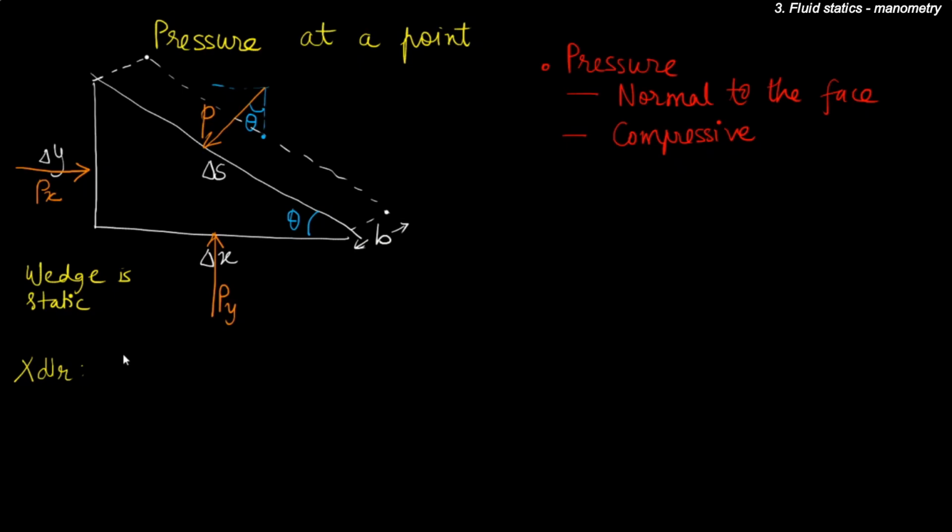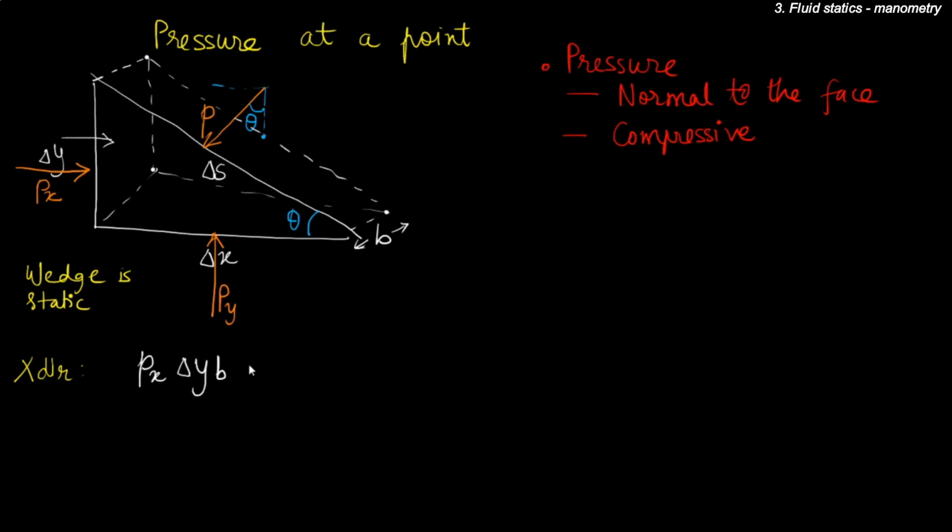It makes no difference. So in the x direction, we have px multiplied by the area over which px is acting. So px is acting on this face, so the area of that face is delta y times b. Py is acting on the lower face, but that comes in the y direction balance.